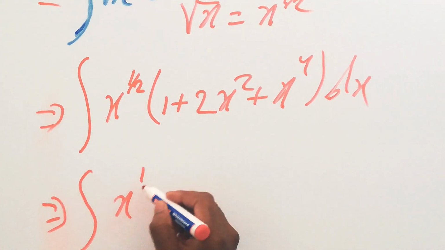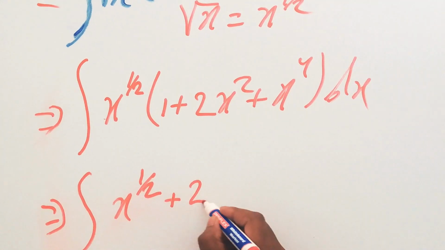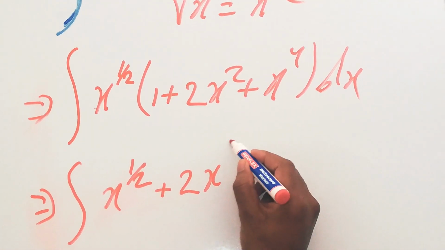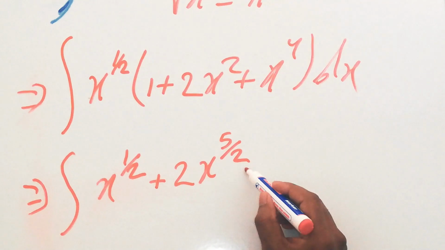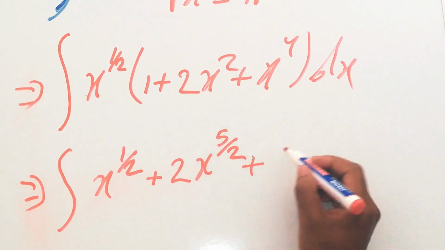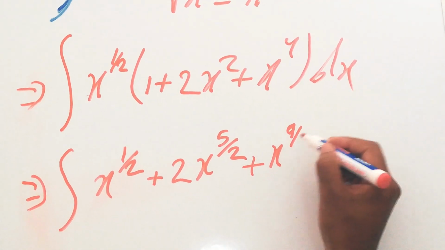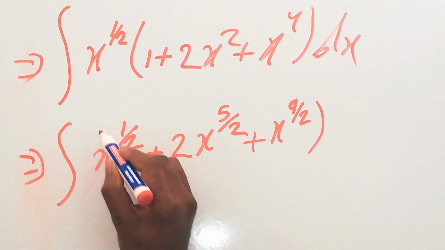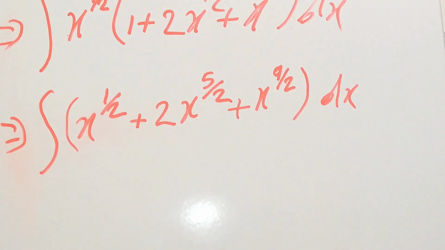Which gives me here x exponent 1 over 2, plus 2x exponent 5 over 2, plus x exponent 9 over 2, in brackets, dx.